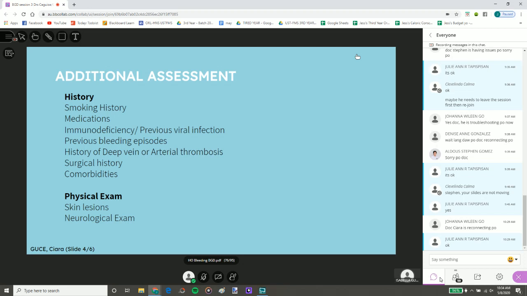Since the patient is diagnosed as well with stage 4, most likely this cancer has metastasized to other organs. So it is important to also ask for other organs.